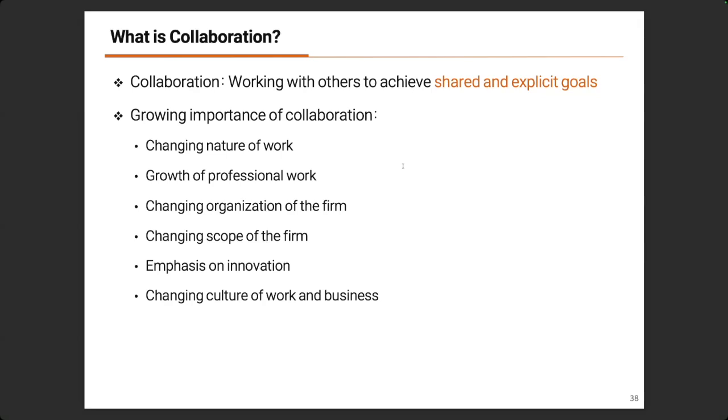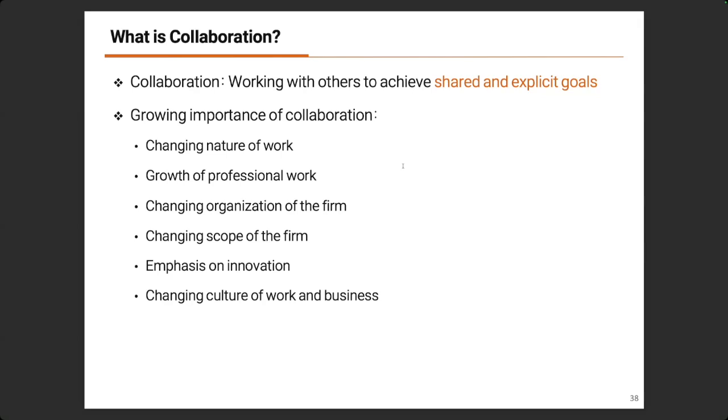And lastly, changing organizational culture can make collaboration more important as well. Most research on collaboration supports the notion that diverse teams produce better outputs faster than individuals working on their own.